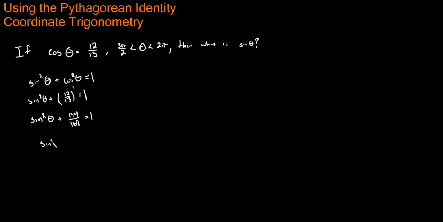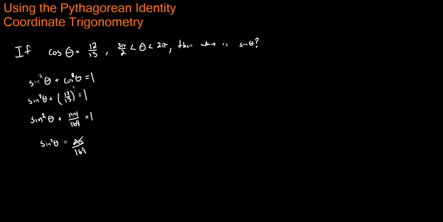When I move over the 144 over 169, I do 1 minus this, get a common denominator, and simplify, and this becomes 25 over 169. All I did is subtract 144 over 169 from 1.